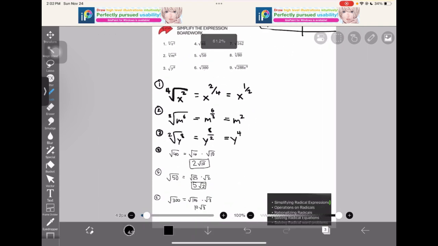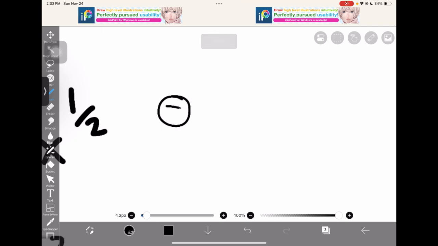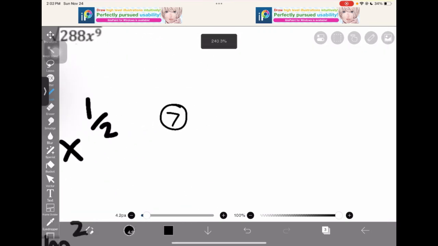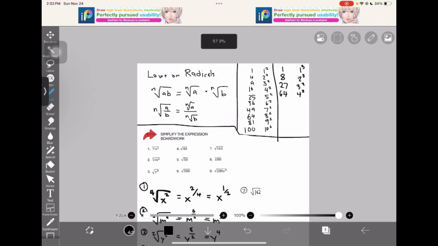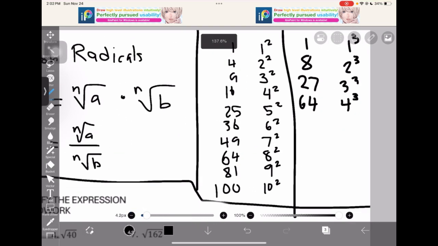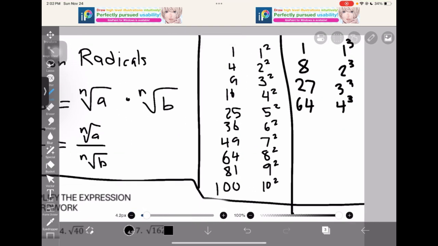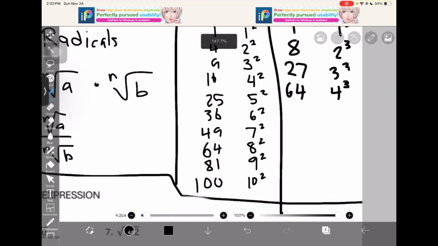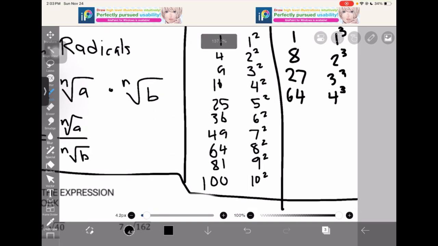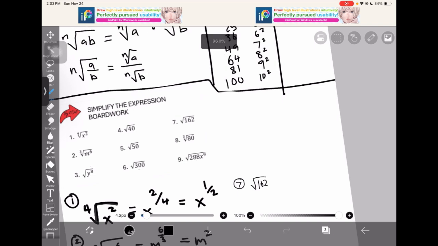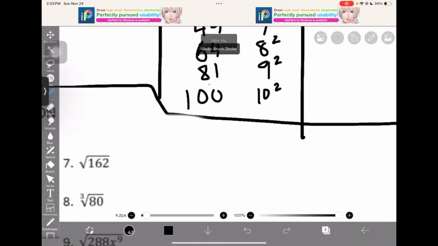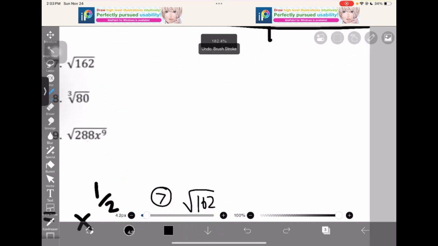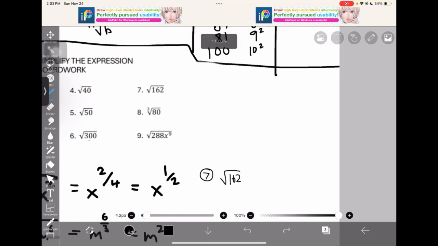Next one, number 7. Square root of 162. We know the drill by now. Just look for a number that is, once again, going to be a factor of 162. It might be hard to tell at first, but if you recognize it, 162 is divisible by 2 and by 81.